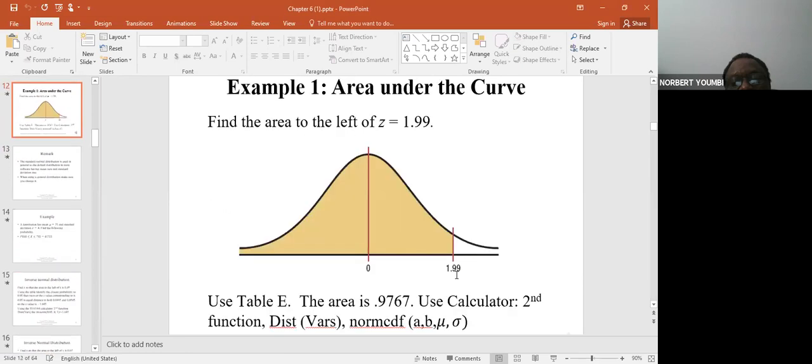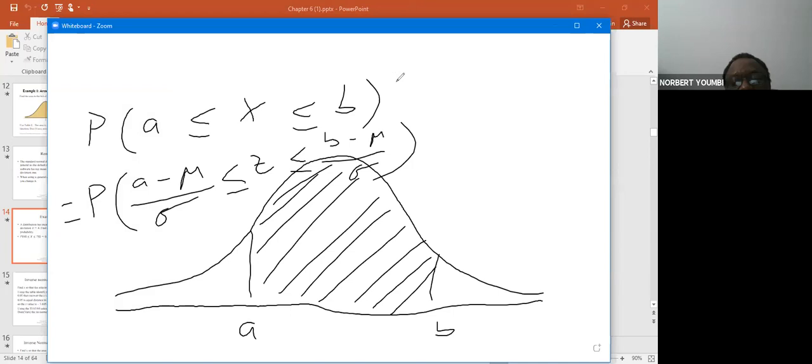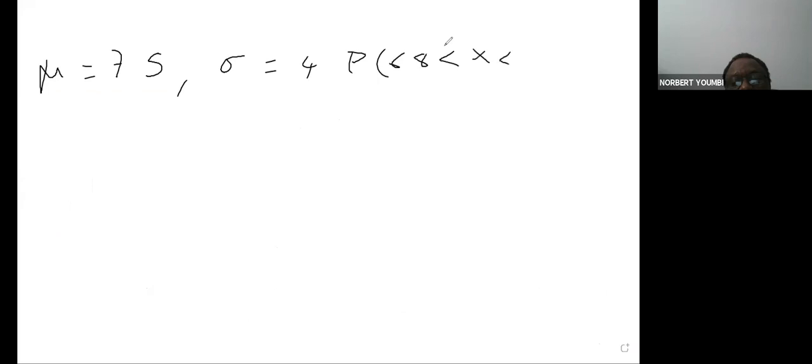It's not here, I'm going to add it from the whiteboard. You already have, either you use the TI-83 calculator or the Google calculator to find this answer. But if you are doing it manually and you want to read the table, we are going to say mu is 75, sigma is 4, and we want the probability that 68 is less than x, less than 78.